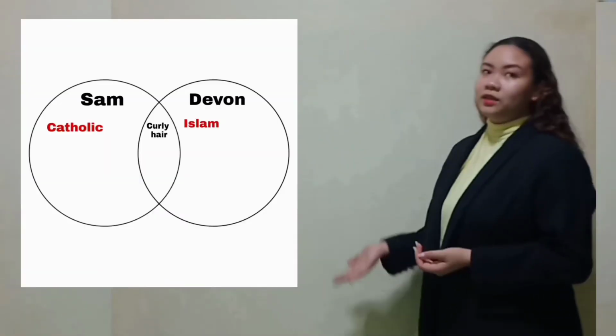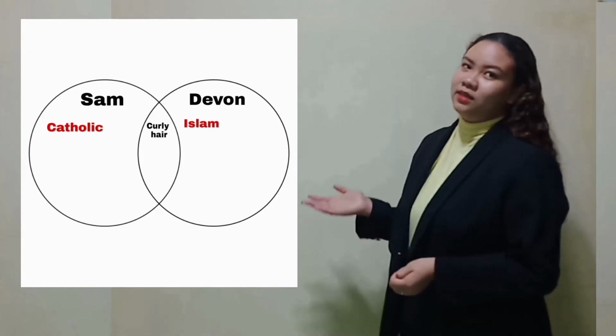It is just a very simple Venn diagram, but I want you to work on this. This is an activity for two persons, so you need to look for a partner. I will give an example. You will be working by twos.